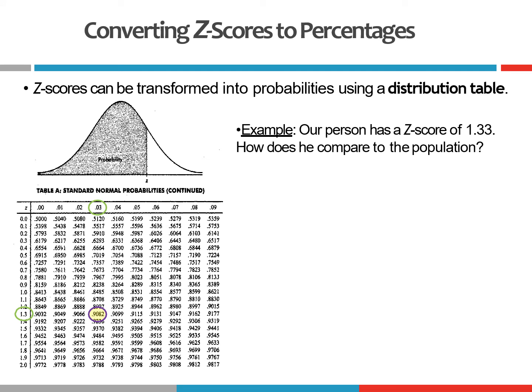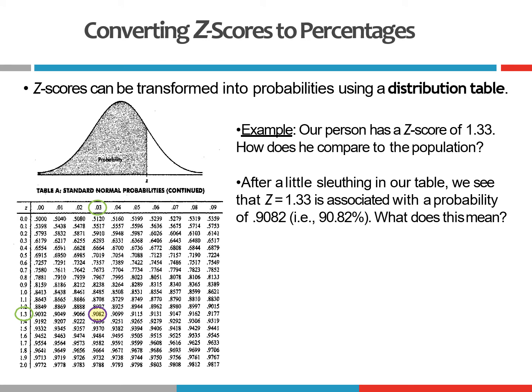Returning to our current example, our person has an IQ score of 120, and the associated z-score of 1.33 tells us that a score of 120 is 1.33 standard deviations above the mean. But how does this score compare to the rest of the scores in the distribution, or to the population?